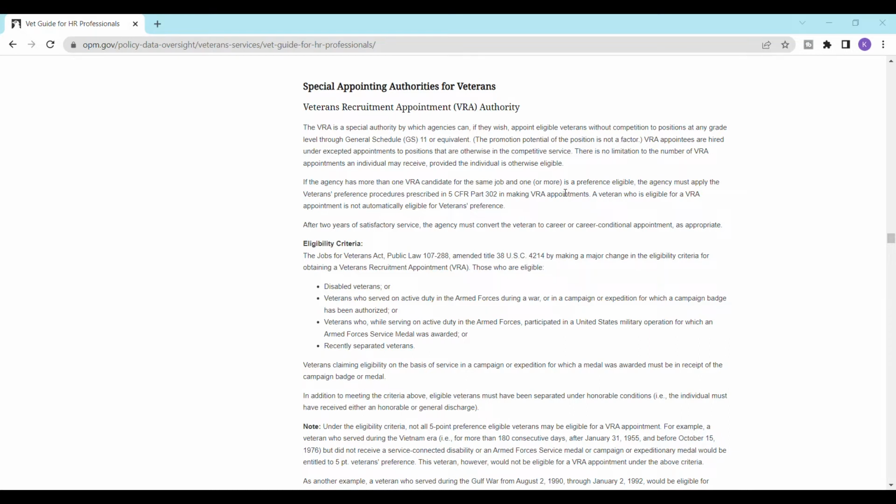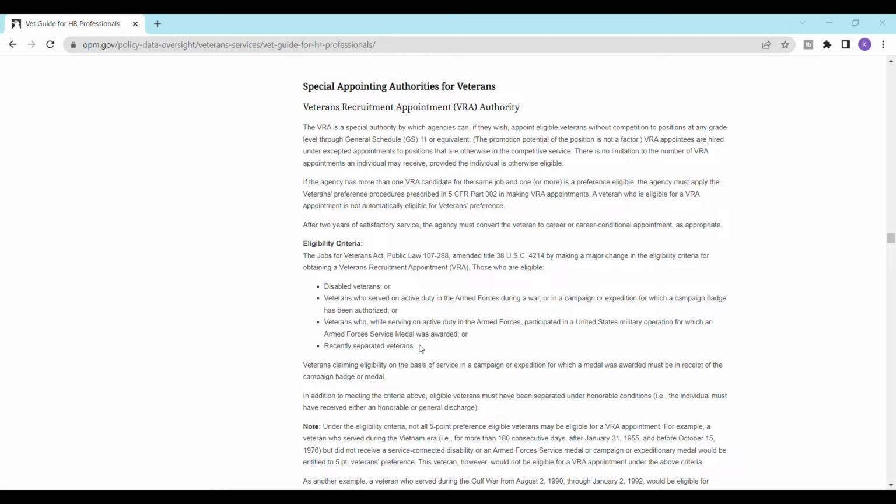Having VRA eligibility just requires that you meet these criteria. Any disabled veteran, so any service-connected rating, allows you to be VRA eligible. If you don't have a service-connected disability, serving during a war campaign where you have a badge qualifies you. Also, veterans that served on active duty under another operation where you also have a medal or an award, or if you're recently separated, usually in the last 3 years.